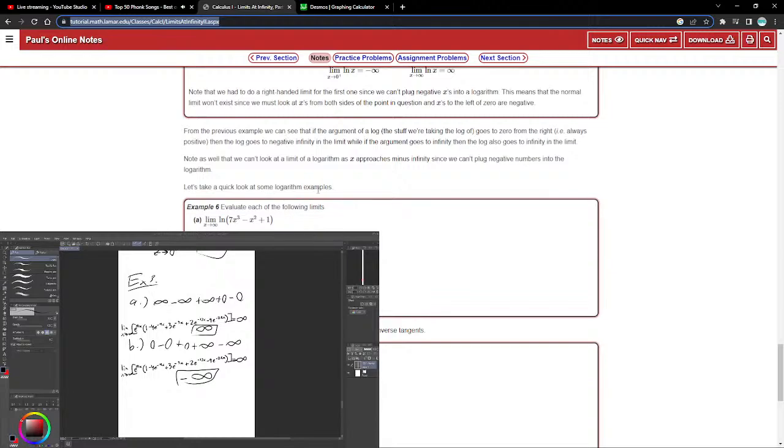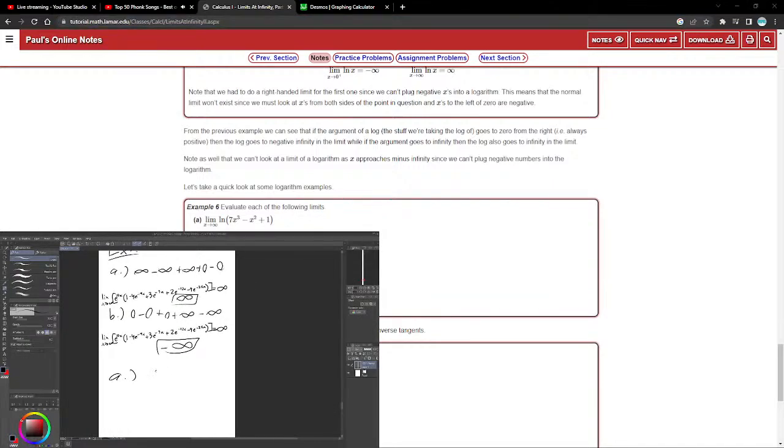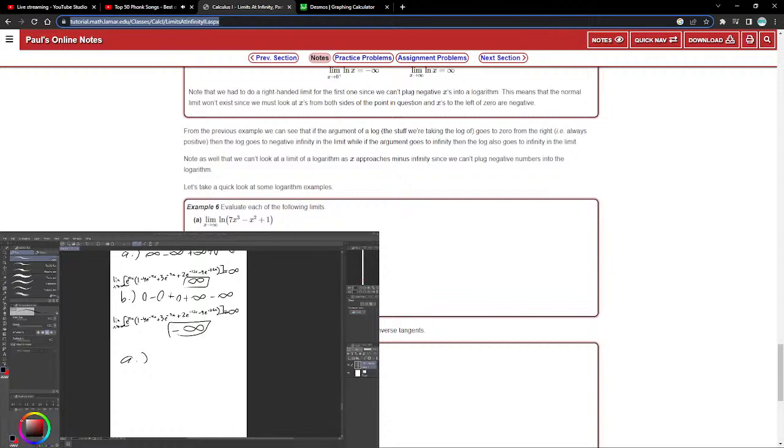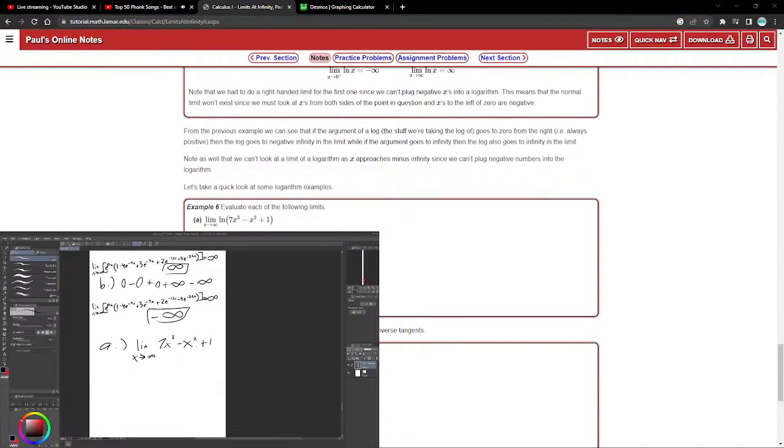Alright, so this is kind of the same as the e to the power of problem things. So first I'd find the limit of 7x cubed minus x squared plus 1. Factor out an x cubed.